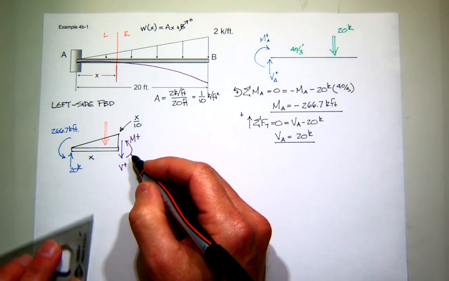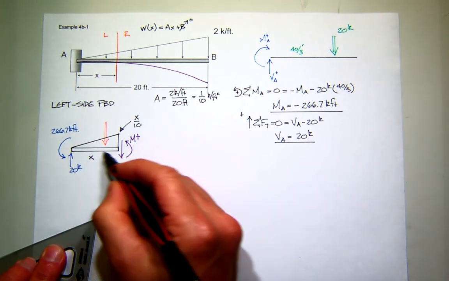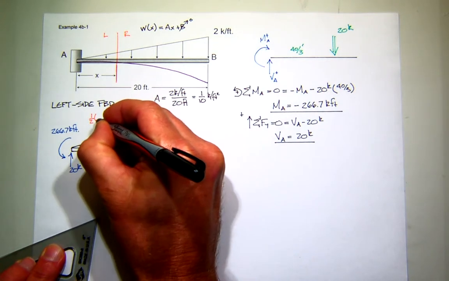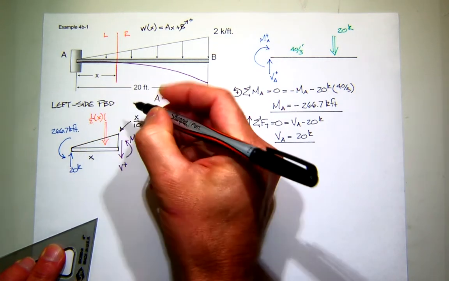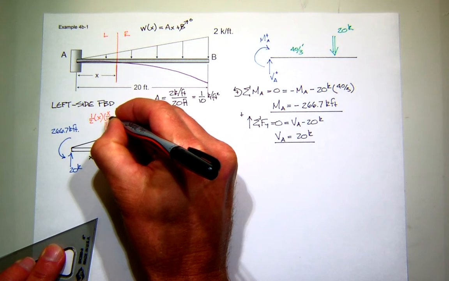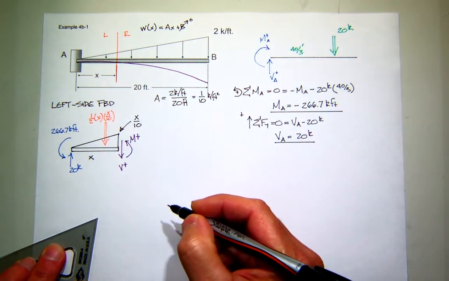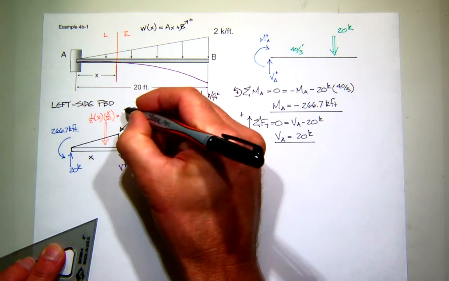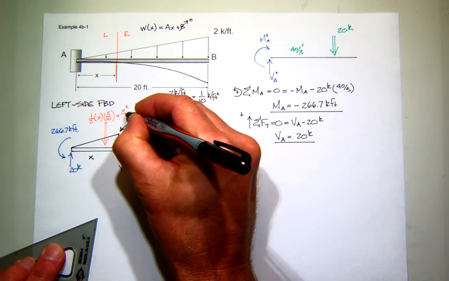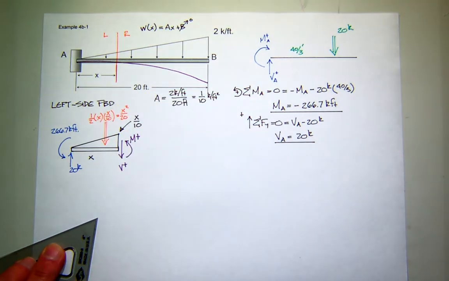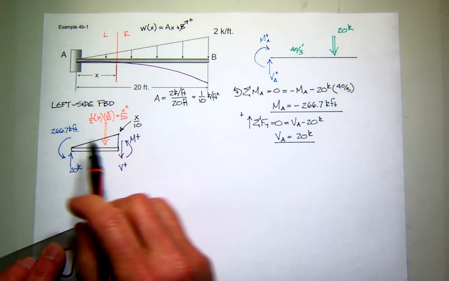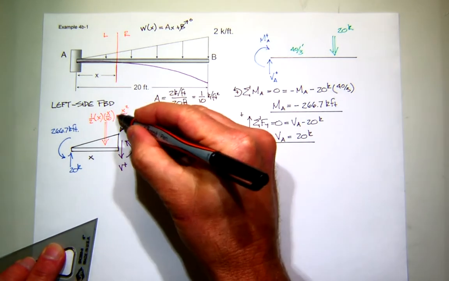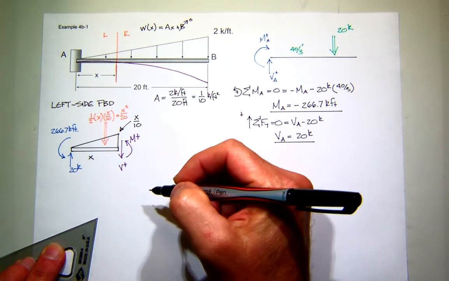Area of a triangle is always 1/2 base times height. So that'll be 1/2 the base, which is x, times the height, which is x over 10. So that's going to be x squared over 20. See that? So as the position of my cut changes as a function of x, the force automatically adjusts to that.